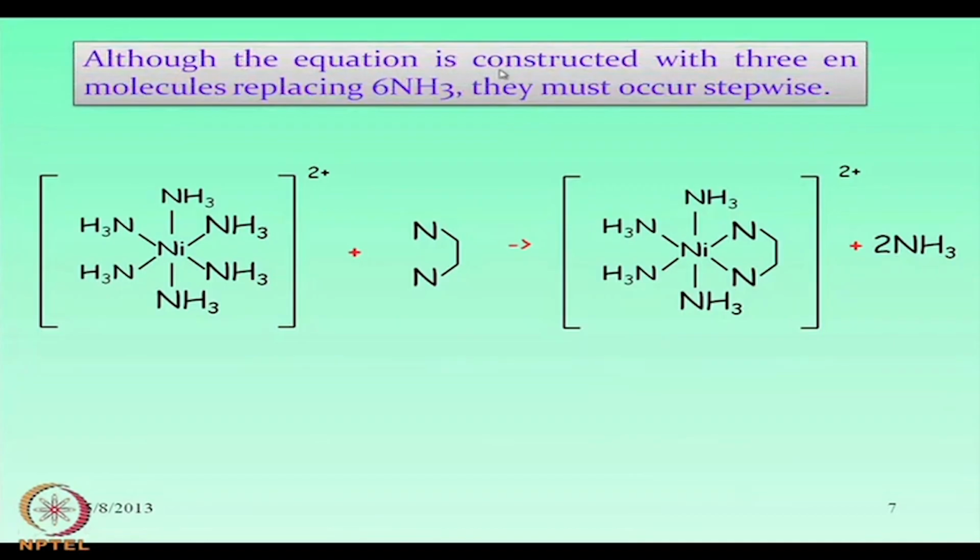This equation was constructed with the 3 en molecules replacing 6 ammonia molecules, and they must occur in a stepwise fashion.